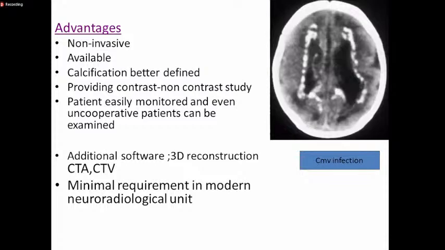CT has got many advantages. One, it is non-invasive. It is available, and I want to believe that at this time every county has got a CT scanner, and the others in the private sector. So you need that. If you have calcification, it's seen better. This one is very difficult to see on plain films.